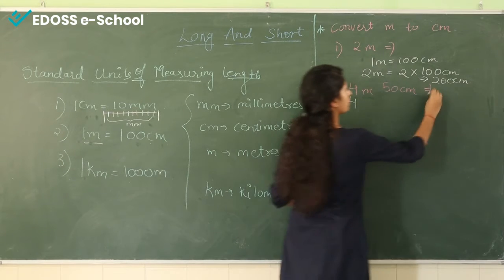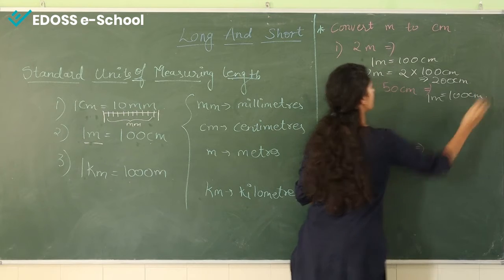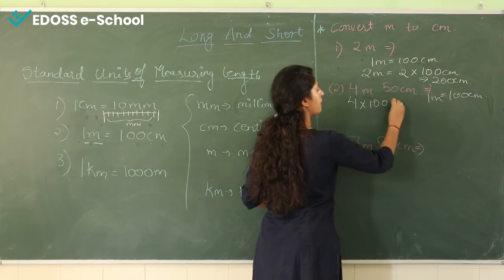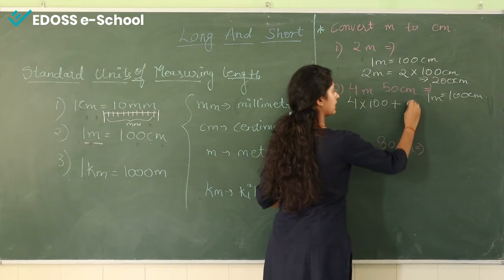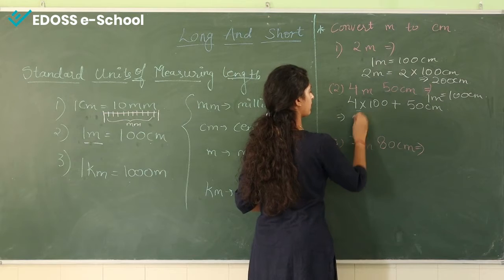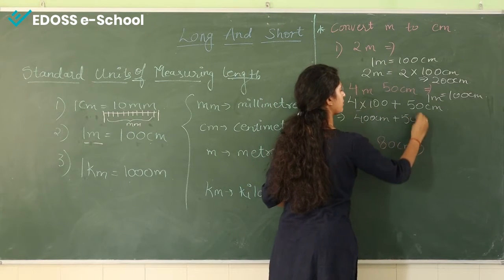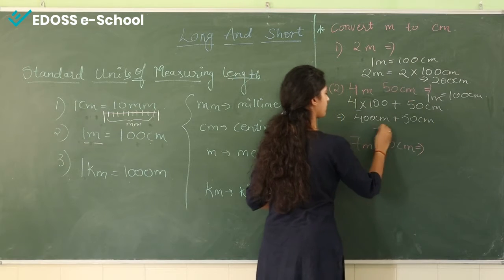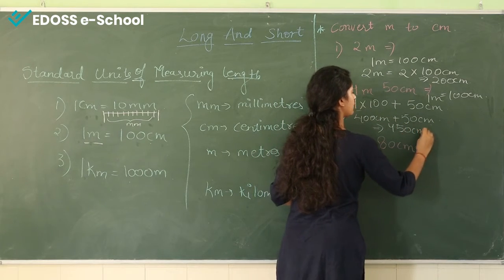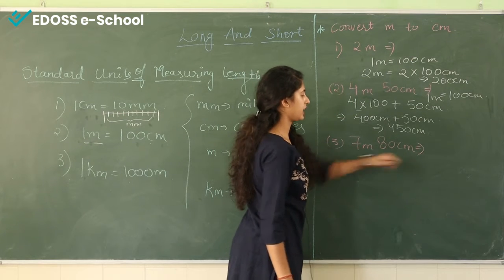Next is 4 meter, 50 centimeters. So as you know, 1 meter is equal to 100 centimeters. So 4 meter, 4 multiplied by 100 plus 50 centimeters is equal to 400 centimeters plus 50 centimeters is equal to 450 centimeters. Next is 7 meter, 80 centimeters.